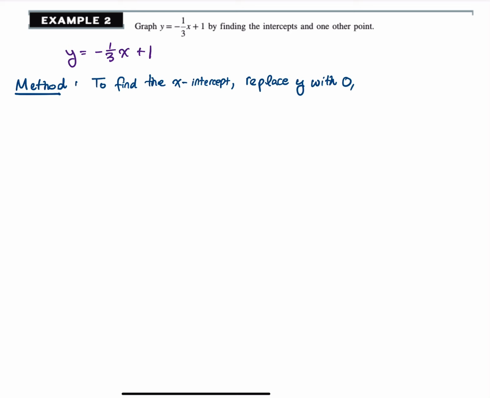So let's do that. I can say when y equals 0, we would have 0 equals negative 1/3 x plus 1. So let's just solve for x. We can subtract the 1 over to the other side. This would be negative 1 equals negative 1/3 x.